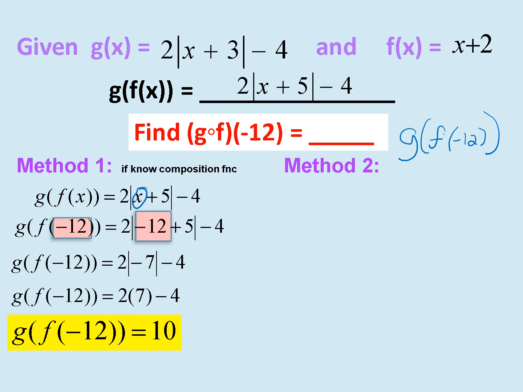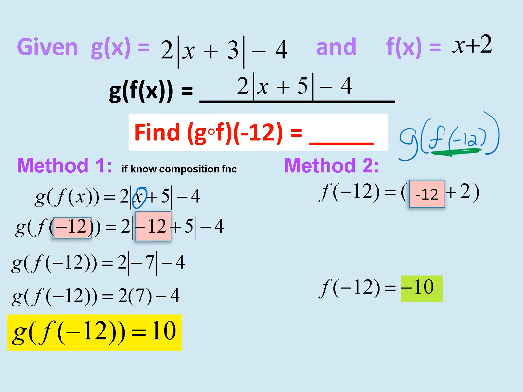Done. But let's suppose for a moment, what if I did not know the composition function? What if I just had g of x and f of x? Well, the first thing I would start off by doing is figure out what f of negative 12 is. So that's negative 12 plus 2, which is negative 10. So I would then replace f of negative 12 with negative 10.